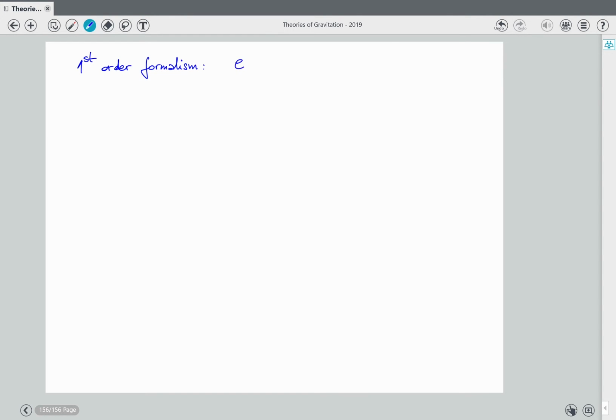First order formalism means that we consider the field vierbein and the spin connection as independent variables.